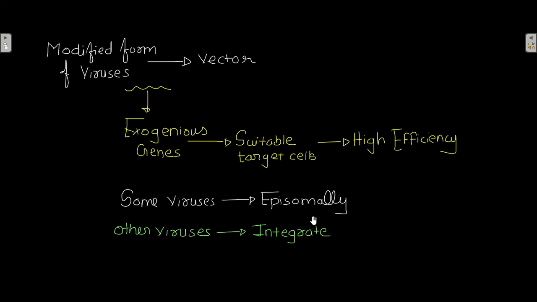It can replicate on its own. That is what episomal means. And in the other condition, the virus genome will integrate into the chromosome. So as the chromosome replicates, that integrated viral DNA or RNA will also replicate.